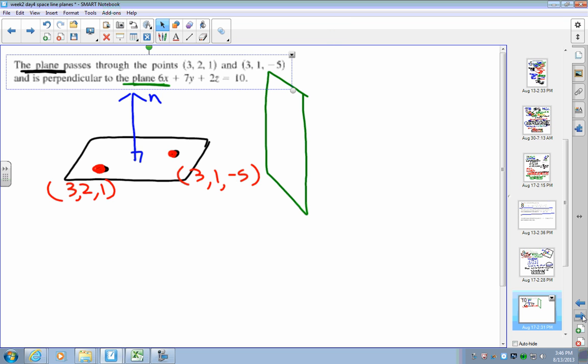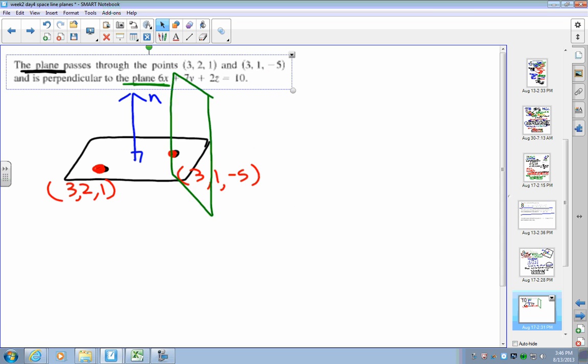And what do you notice about that plane if I slide it over? Is the normal directly in line with that plane? Yes. So the normal lines up directly with that plane.